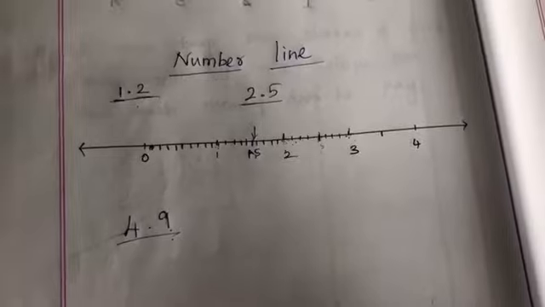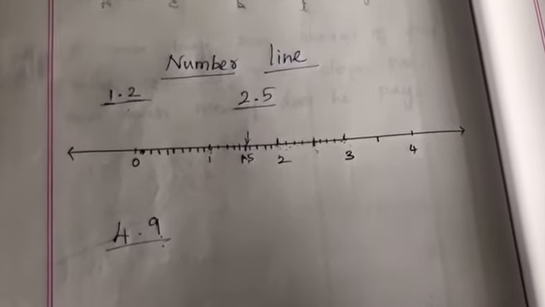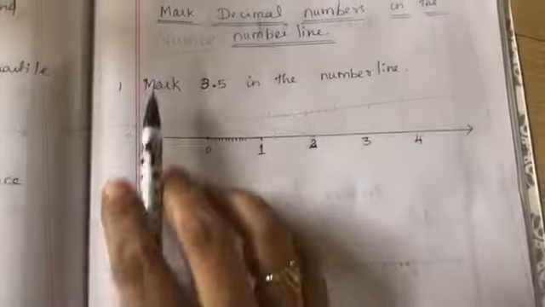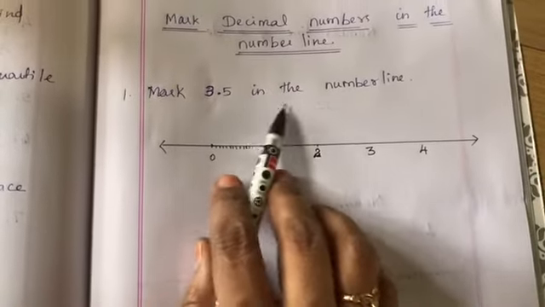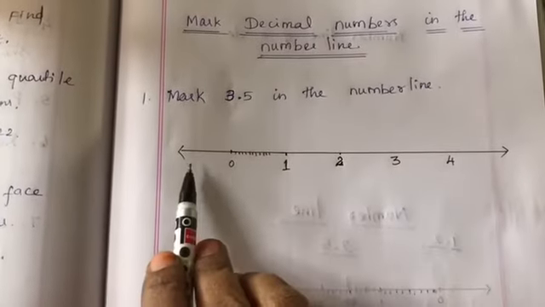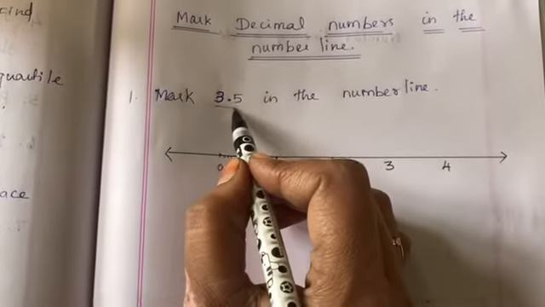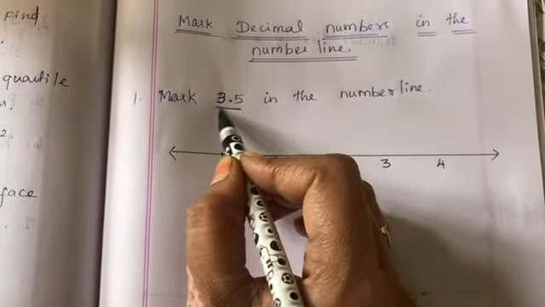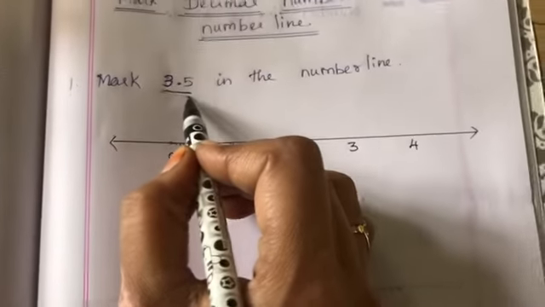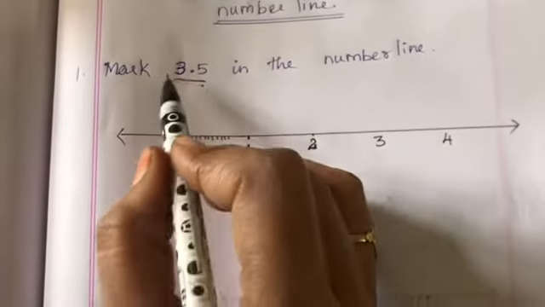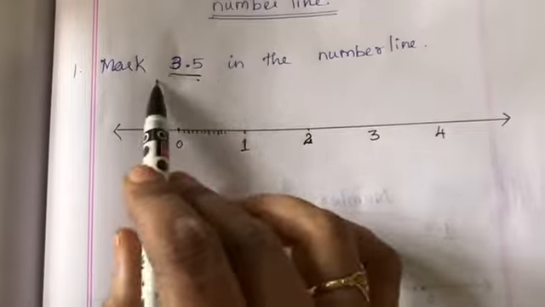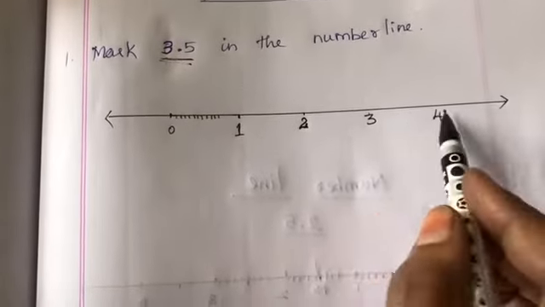Now we are going to plot a few decimal numbers on the number line. This is marked 3.5 on the number line. From this number you are able to know that this number comes between which two numbers? 3 and 4.